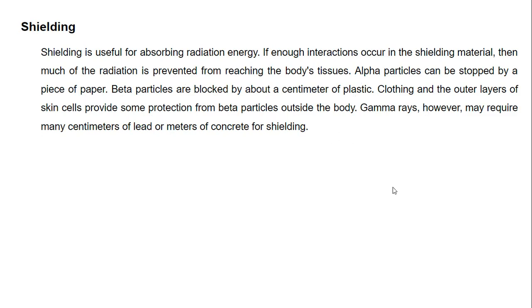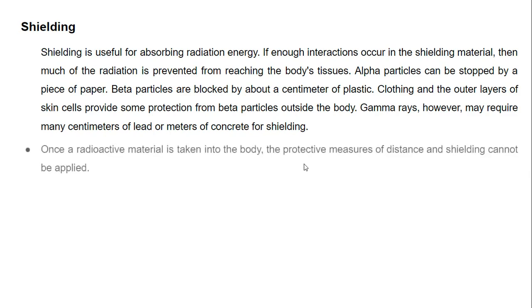So beta and alpha particles are not that harmful and can be easily stopped. However, gamma rays may require many centimeters of lead shielding or meters of concrete. So concrete and lead are the materials required for shielding against those ionizing radiations.